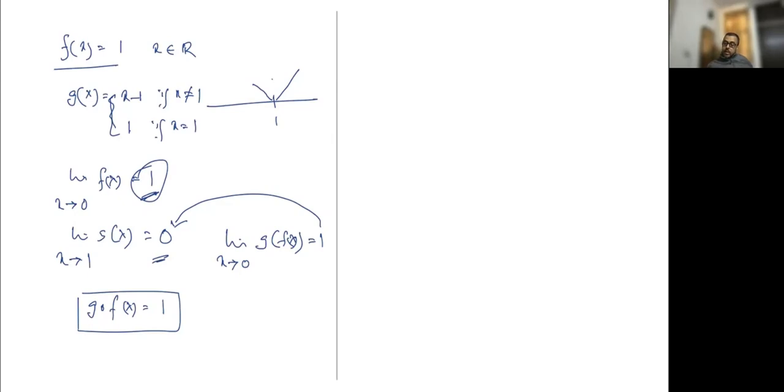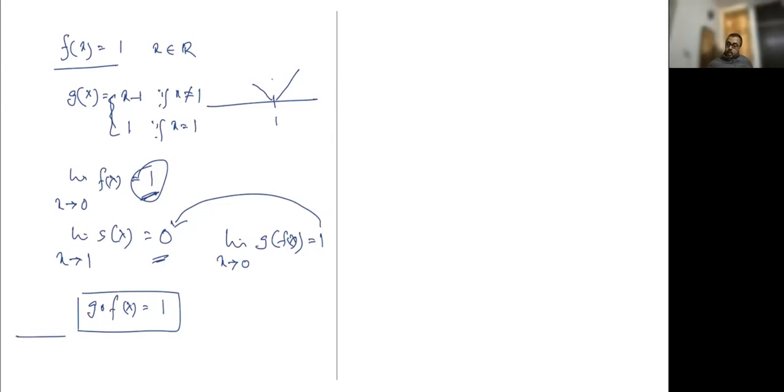In such a case where f is a constant function, g of f will be independent of the behavior of g at the surrounding points. That's how you get a counterexample here.